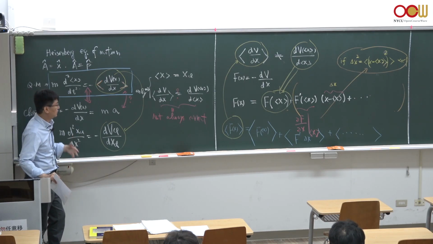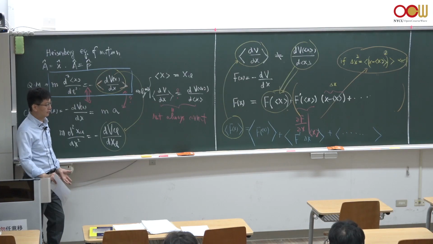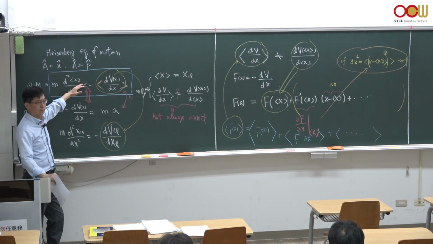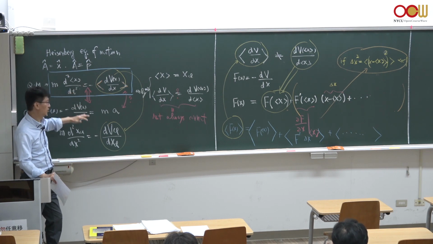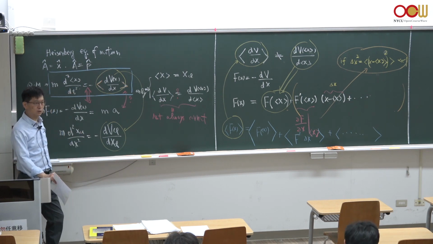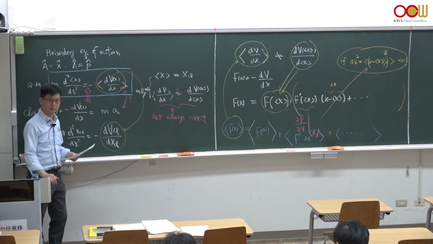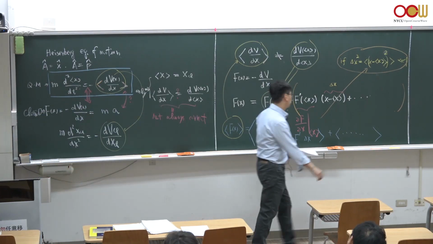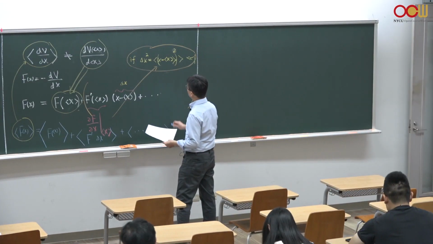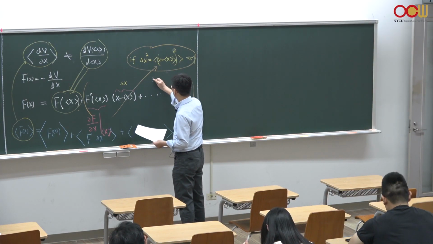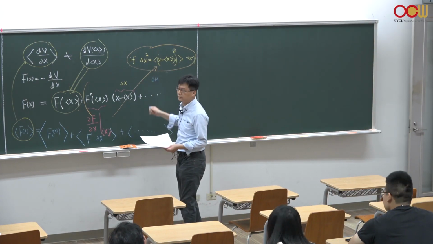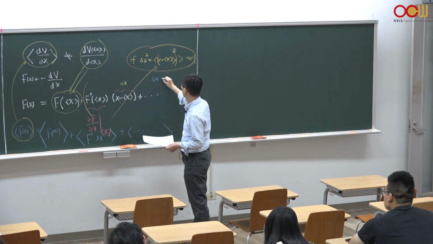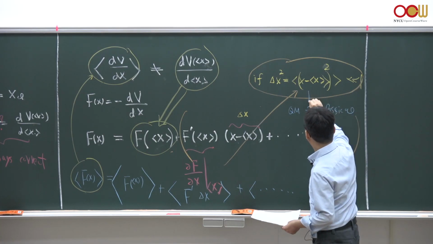However, if the standard deviation is not small and cannot be ignored, then this quantum version of the equation of motion is not identical to the classical Newton's equation of motion. You get that? So this is the condition under which the quantum and classical equations of motion approximately correspond to each other.